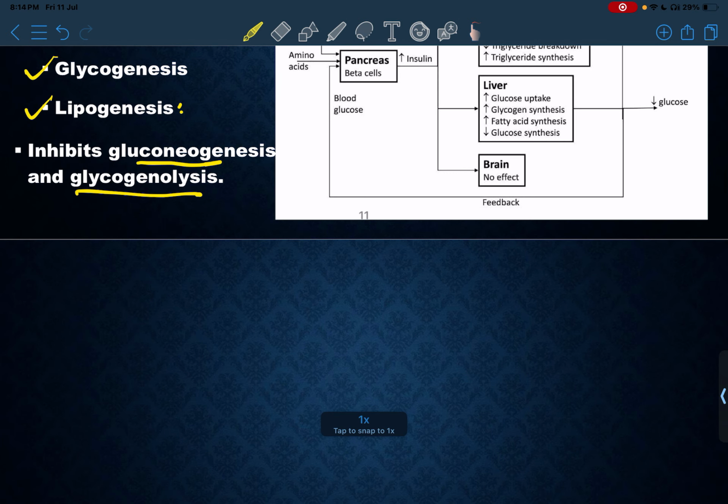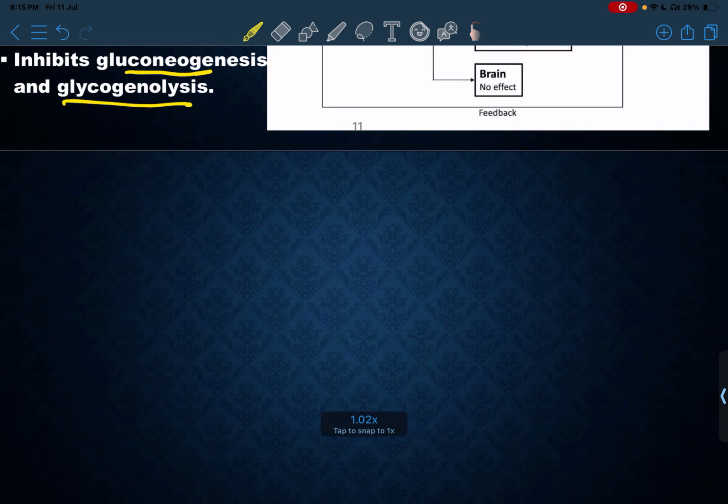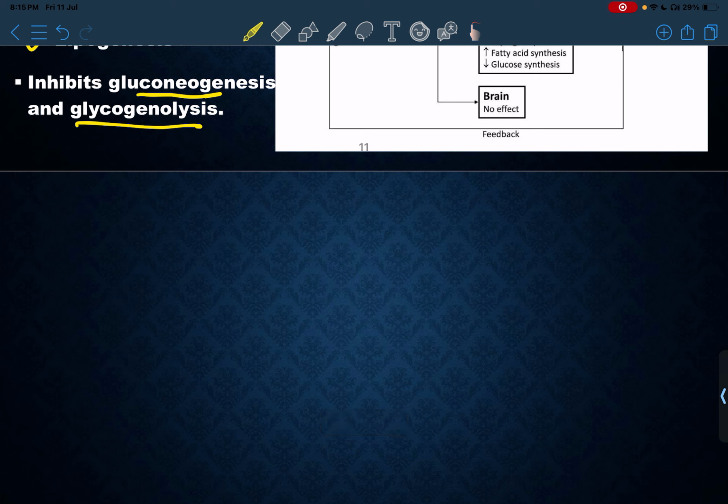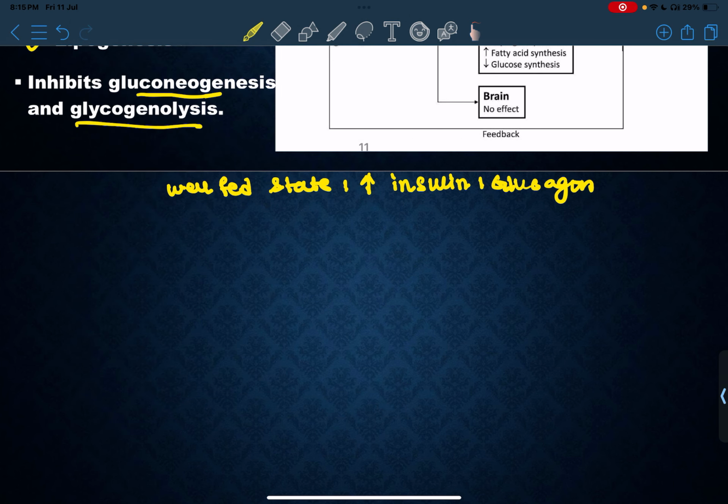So let's see in detail how the insulin regulates the glucose in the well fed stage. In the well fed state, there is an increase of the insulin glucagon ratio.